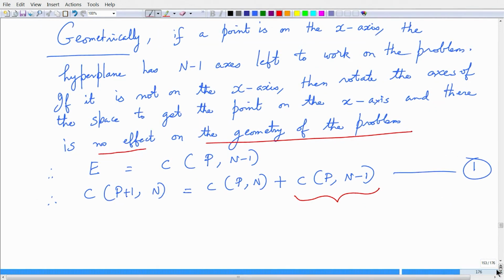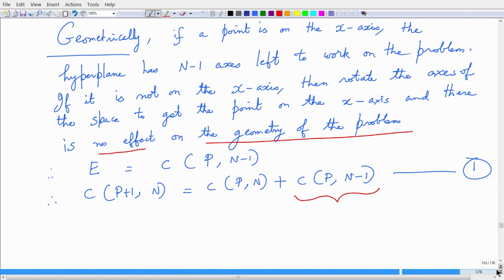So, geometrically, if a point is on the x axis, the hyperplane has n minus 1 axes left to work on the problem. If it is not on the x axis, then we can rotate the axes of the space to get the point on the x axis, and there is no effect on the geometry of the problem.